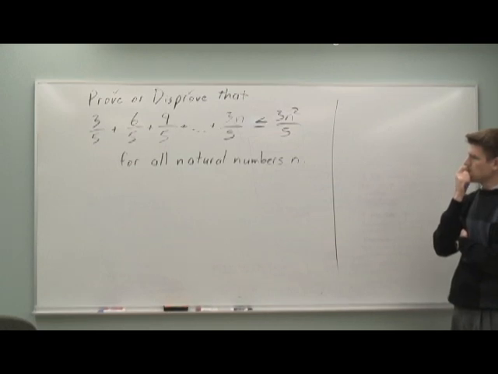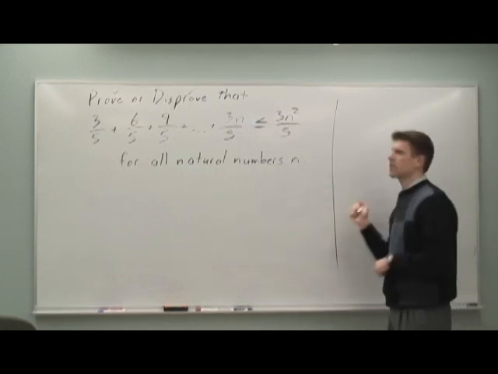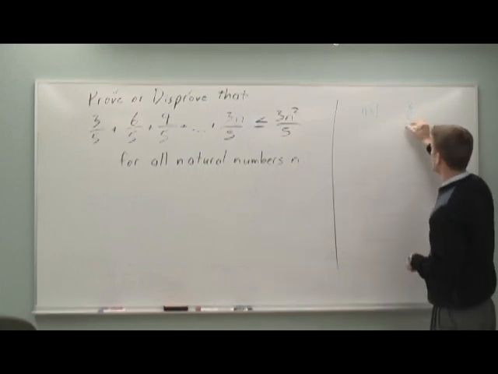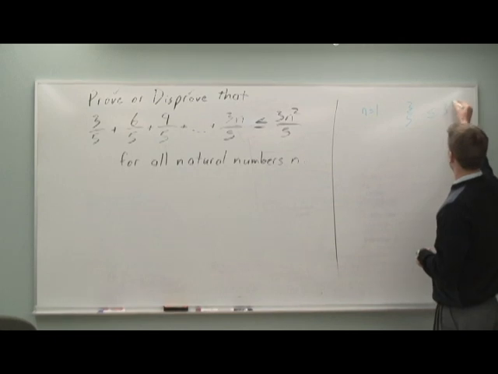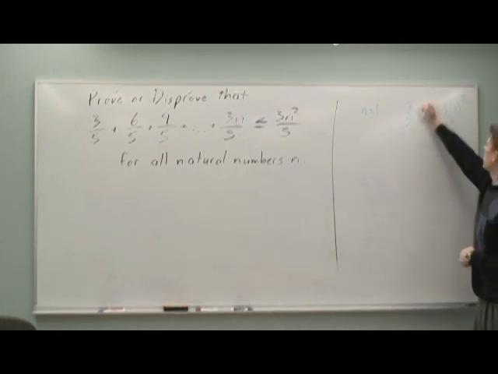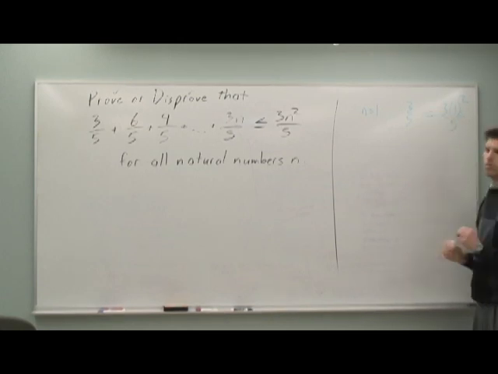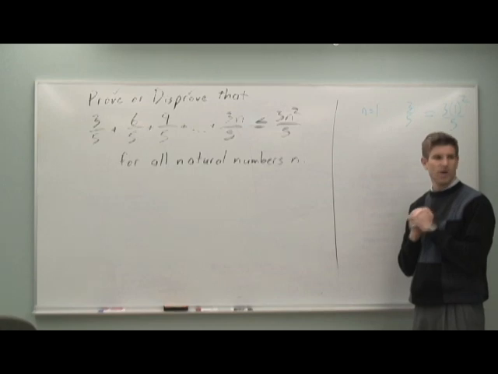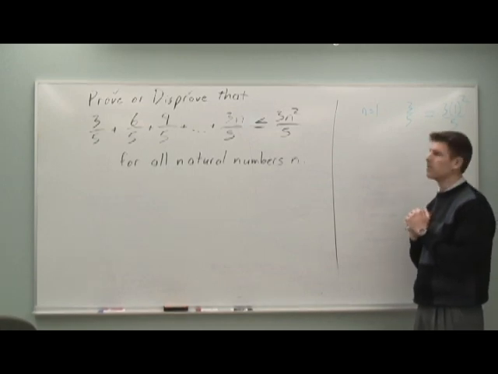Well, I'm just checking that first term. If n was 1, you'd have 3/5. I guess those are equal. So it's at least believable there, but I guess it's not always strictly greater than.